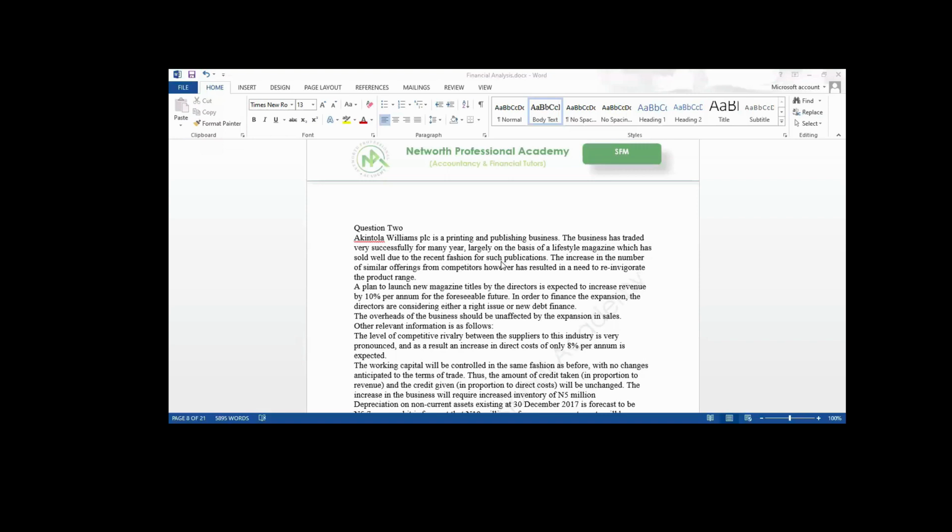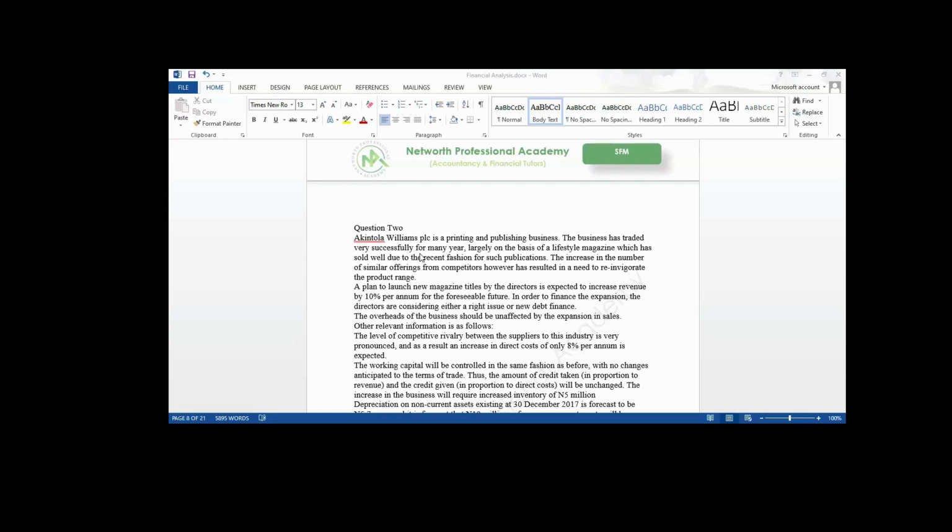The increase in the number of similar offerings from competitors, however, has resulted in a need to reinvigorate the product range.